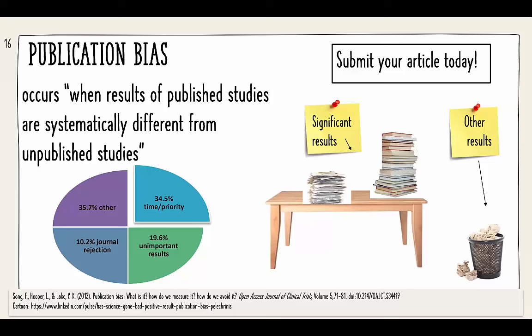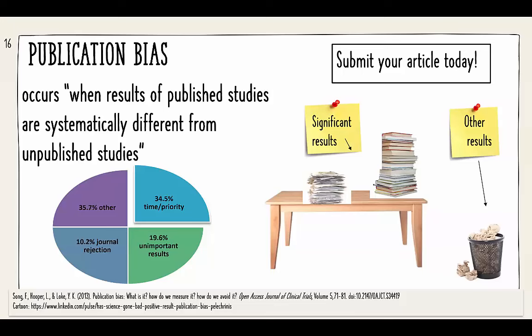And the definition here, which I put in quotation marks, is when the results of the published studies are systematically different from unpublished. I made up my own little diagram here showing where significant results get published and the other results, so the intervention didn't work, or it was the null hypothesis, right?